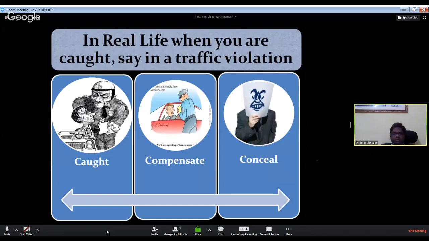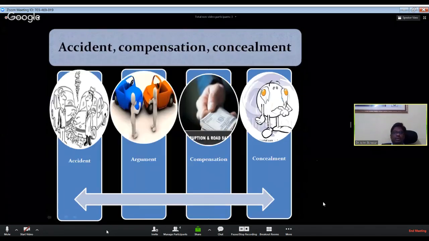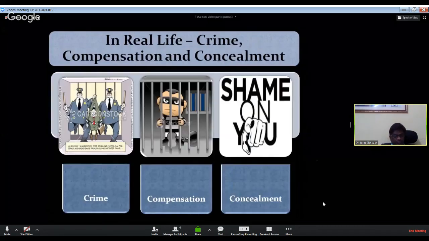You compensate, you pay the fine, and you don't tell it to anyone. You try to conceal it for fear of the ridicule you may be subjected to. When there is an accident, you try to compensate, you argue, you try to pay the compensation and settle. When a crime is committed, we try to compensate. The compensation happens when we pay the price for what we have done, and then we do not reveal that to people. So we try to conceal.